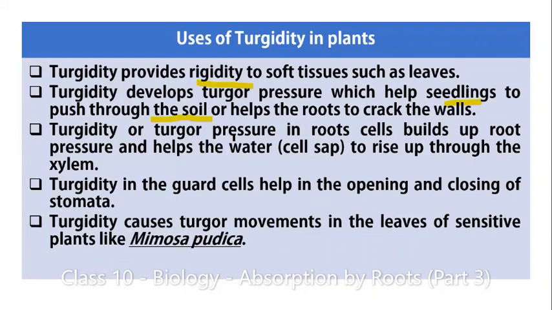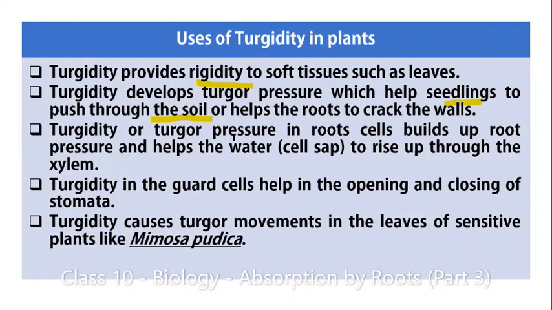Thirdly, the turgor pressure in the root cells, they build up root pressure because of continuous absorption of water. As the cells become turgid, they help the water to rise up through the xylem, that is called root pressure. Fourthly, turgidity in the guard cells helps the guard cells to open and close.